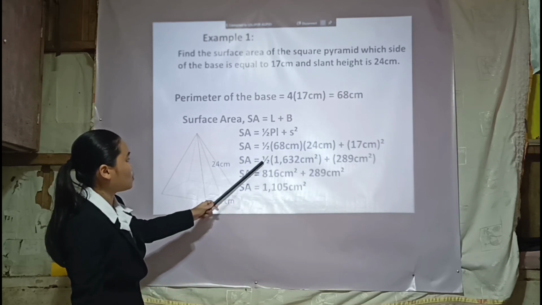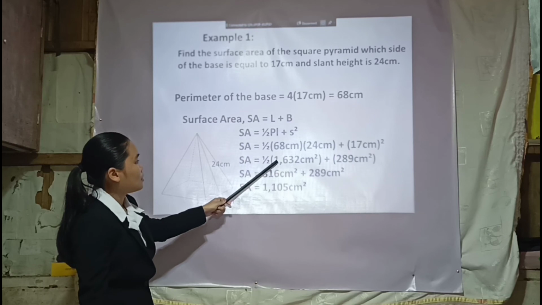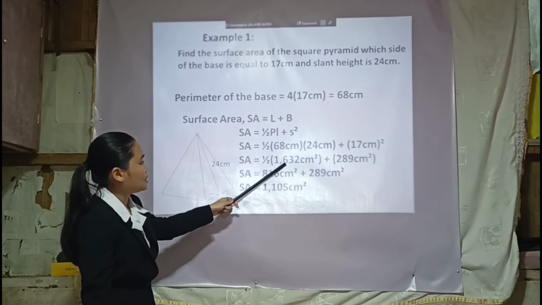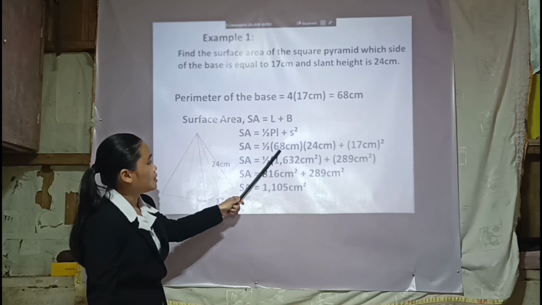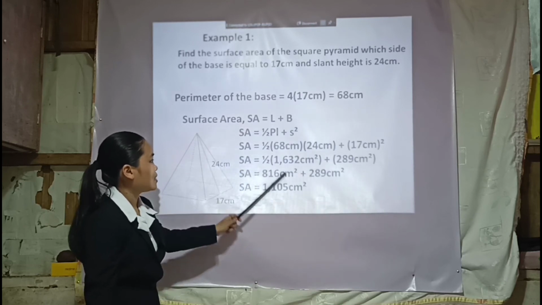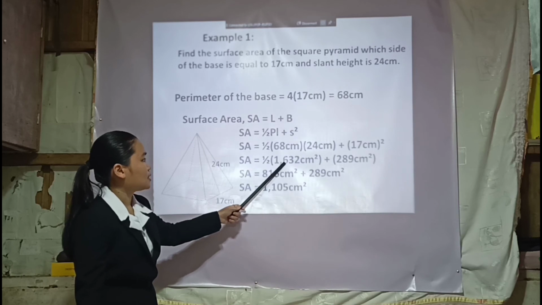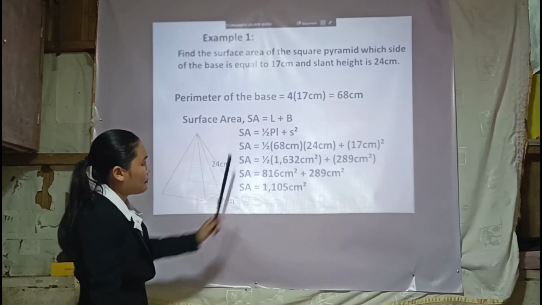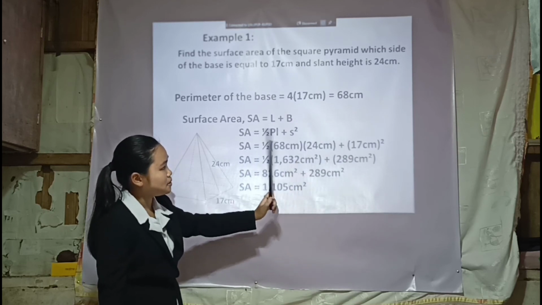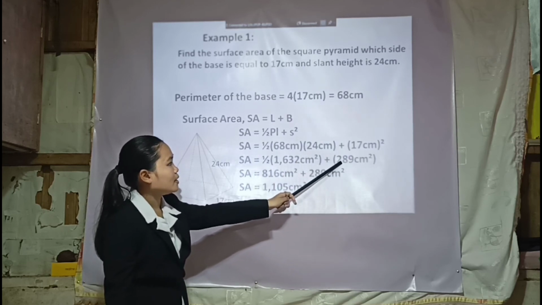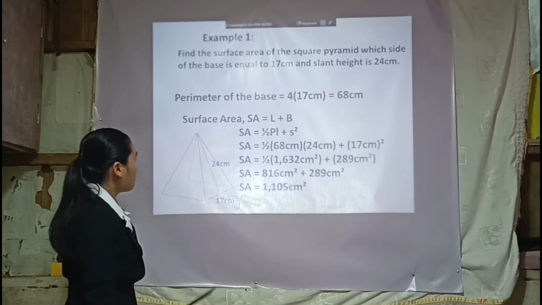Surface area equals 1/2 times 1,632 cm squared, because 68 cm times 24 equals 1,632 cm squared, plus 17 squared, or 17 times 17 cm, equals 289 cm squared.